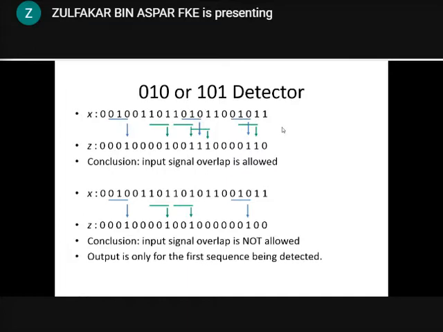The 010 input is marked with blue color, the underlining color, while the 101 is marked with green color. So whenever these two input sequences are detected, the output Z is asserted high.